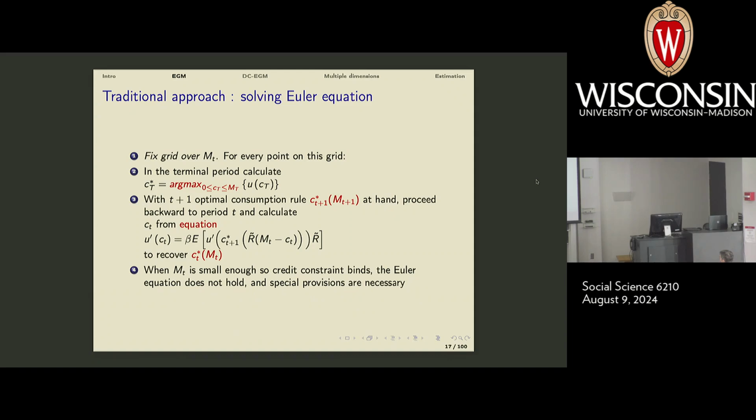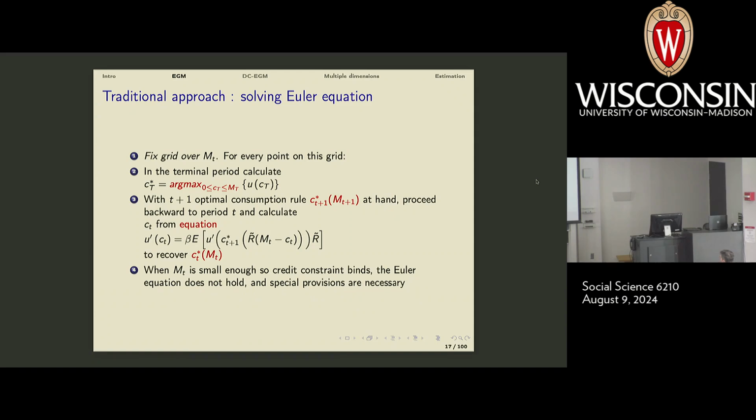Is it clear? So given the policy function in t plus 1, and given the grid over M_t, I can just solve the Euler equation to characterize my optimal choices of C in period t.